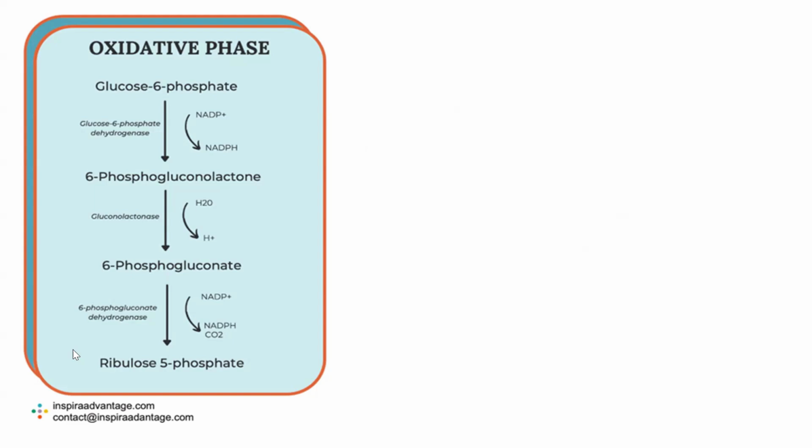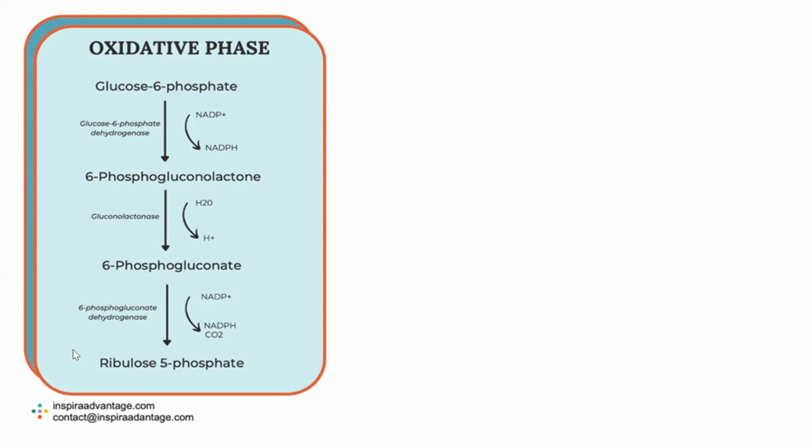And then the 6-phosphogluconolactone is converted into 6-phosphogluconate using an enzyme called gluconolactonase. And then finally the 6-phosphogluconate is converted into ribulose 5-phosphate. It means that at this stage, the most important thing is that two molecules of NADPH are generated, in the first step and the last step of the reaction.